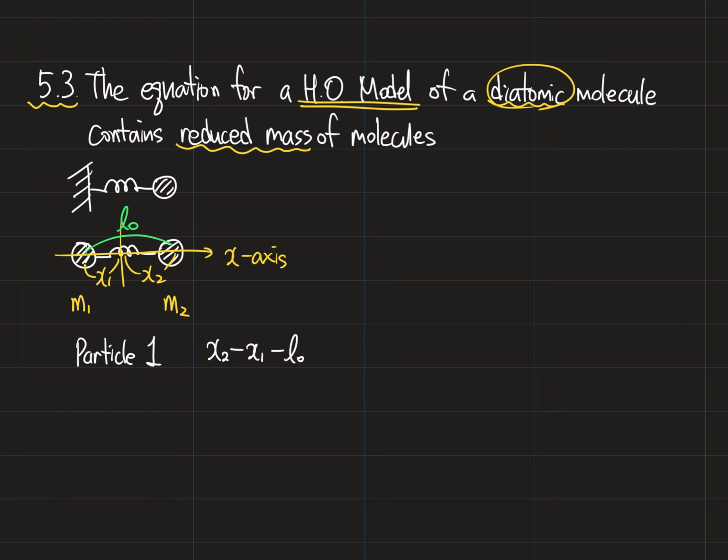So it is pulled to the right if the bond is stretched. So its governing equation of motion should be as follows. You might wonder why we miss the negative sign here. Let's talk about that later.